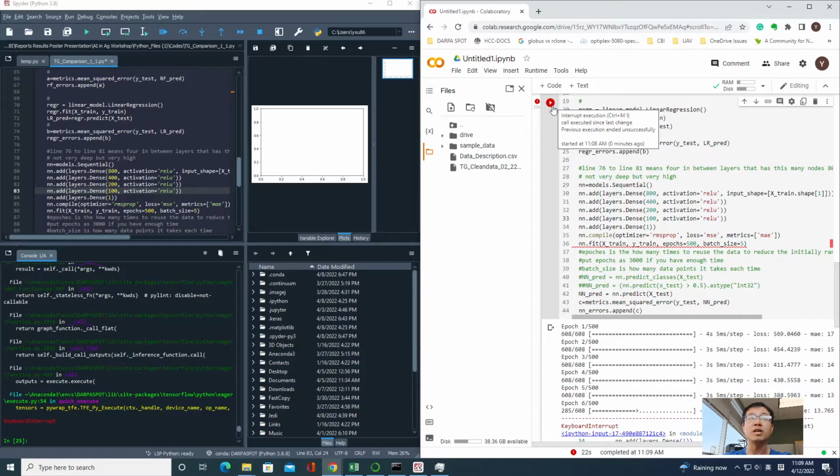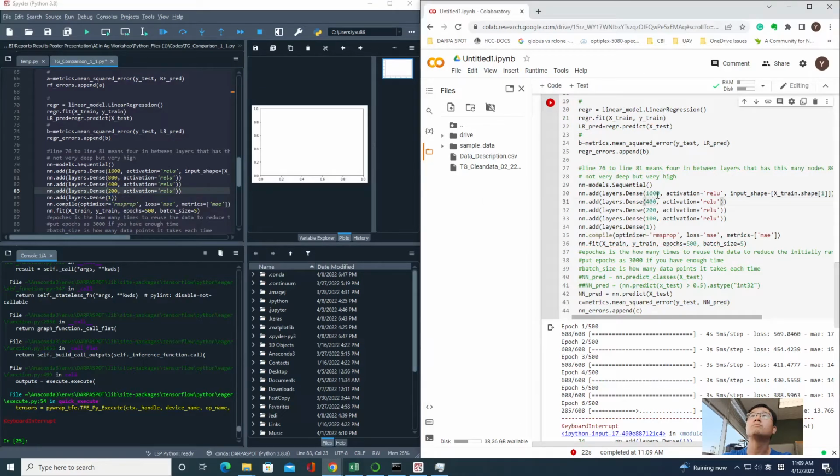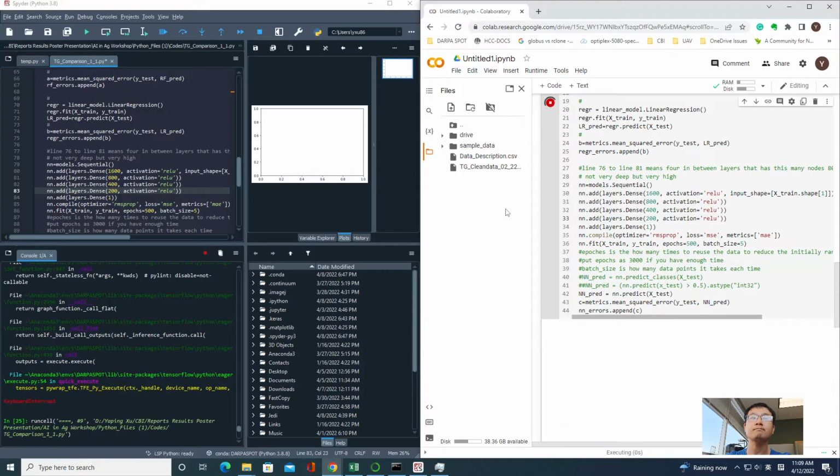Now, what about even larger hidden layer numbers? Let's try double the numbers. Okay, so let's increase the number to 1600, 800, 400, 200 on the left hand side, and also the same settings on the GPU hand side. Try it one more time.